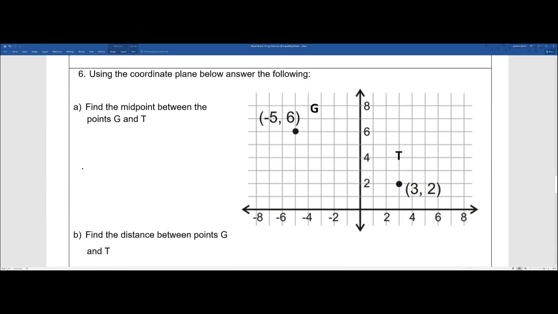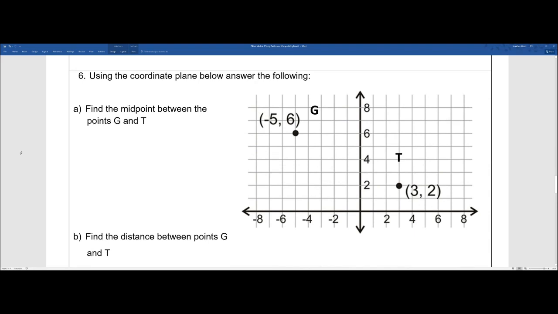Okay, number 6, using the coordinate plane below to answer the following. So let's find the midpoint between G and T. So remember our midpoint formula is really just take our x values, divide by 2, and then comma, take our y values, divide by 2 as well.